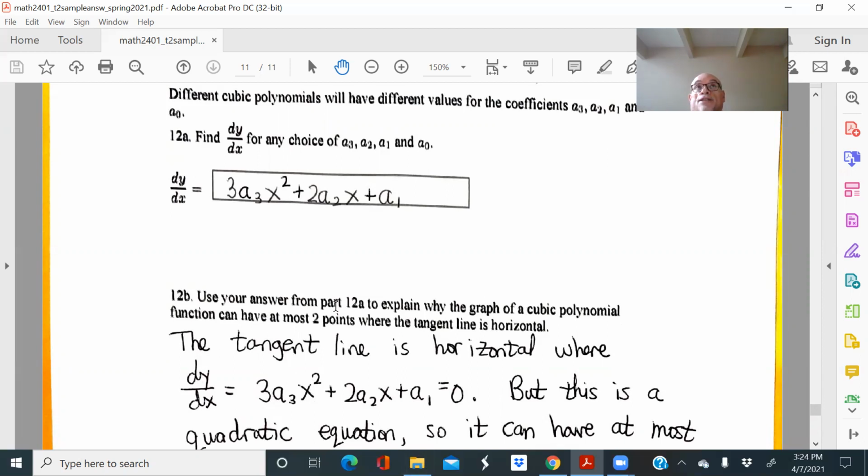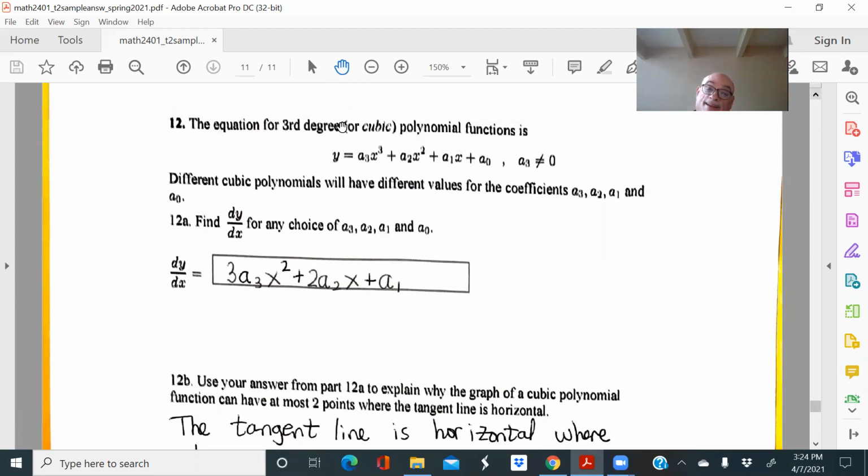Oh, that's interesting. That tells me that cubic polynomials can only have 2 turning points, right? You can't have more than 2 places where the curve switches from increasing to decreasing, or vice versa.